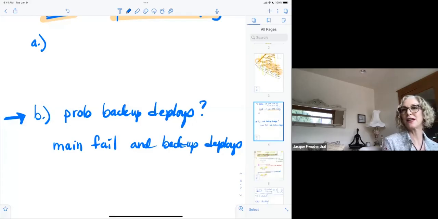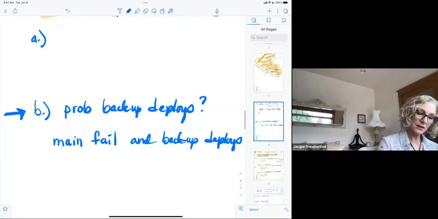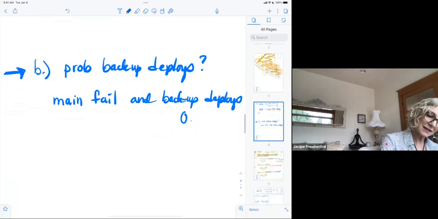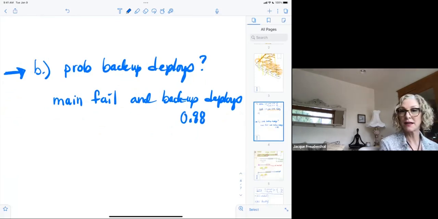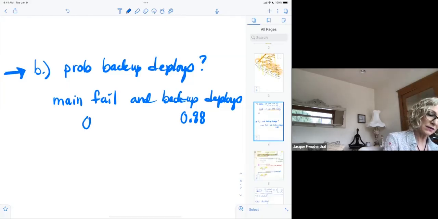So 0.98 is the probability that the backup will deploy, but the probability that the main will fail is 0.01.